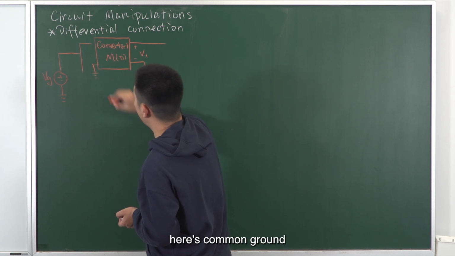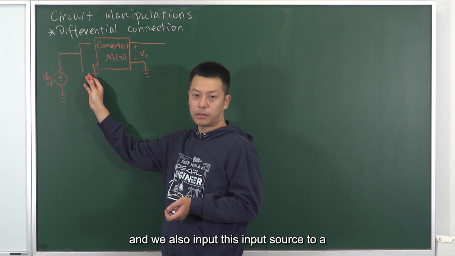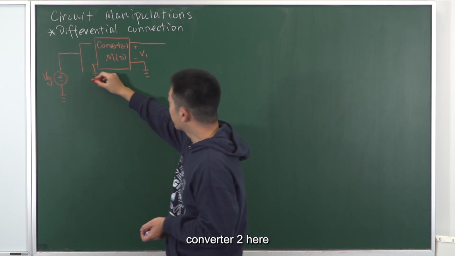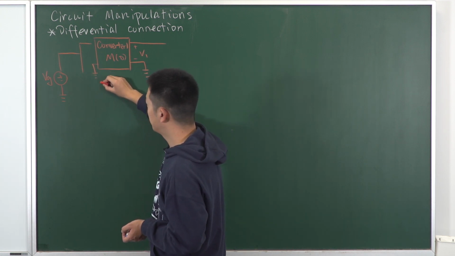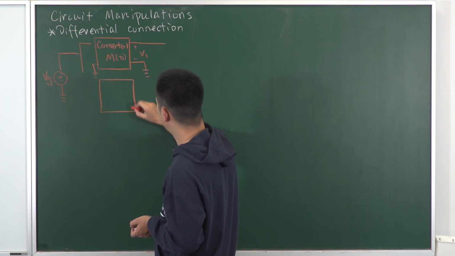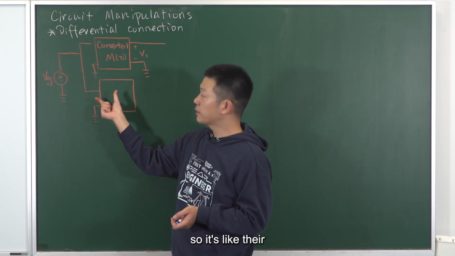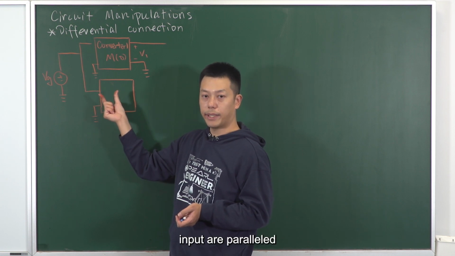Here is common ground. And we also input this input source to converter 2 here. So it's like their inputs are paralleled.